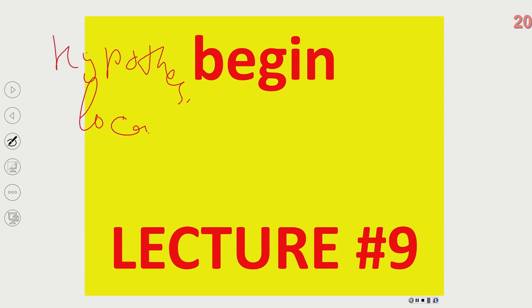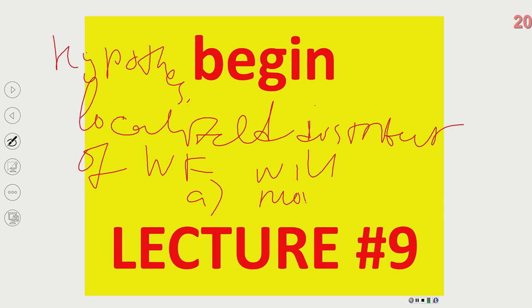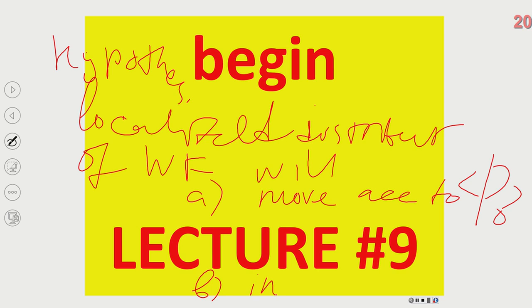A localized distribution of a function will A move according to the initial momentum, and B will increase with, okay.